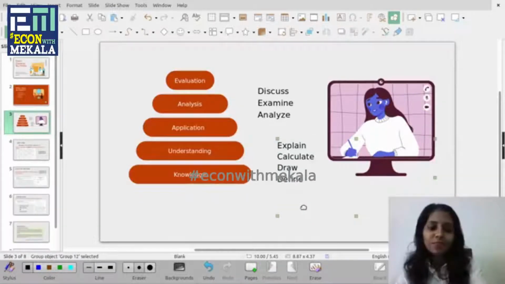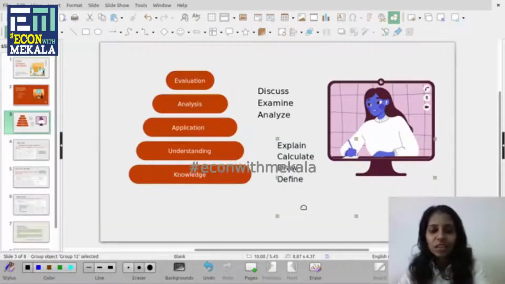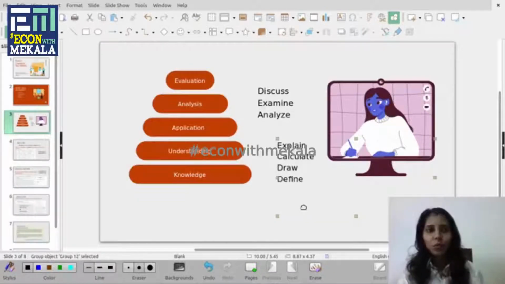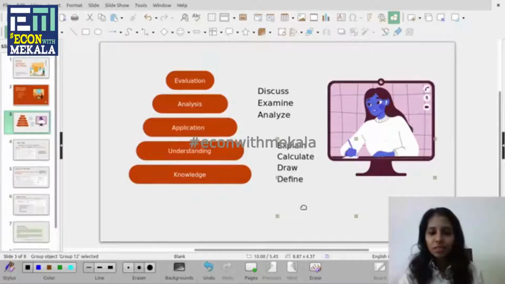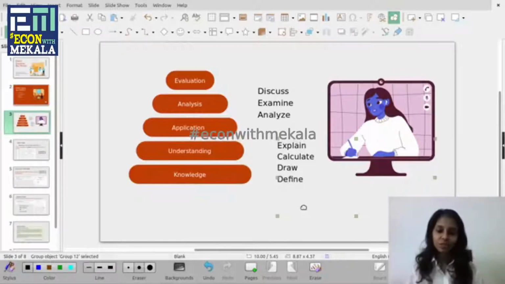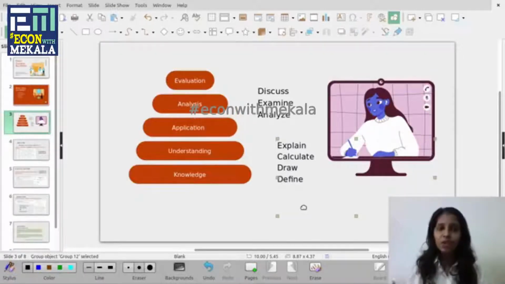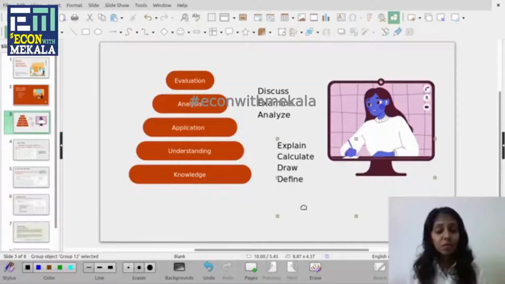If you look at knowledge, knowledge means whether you have basic knowledge about a business or economic term; that is a knowledge question. Understanding is when you have an in-depth understanding of that term or concept. It can even be a formula.